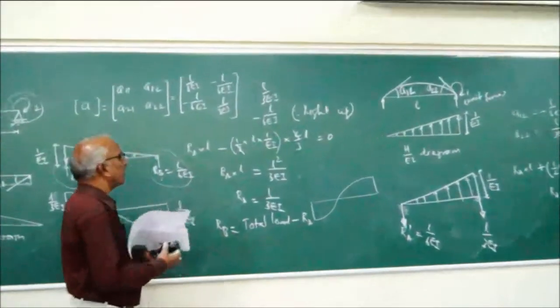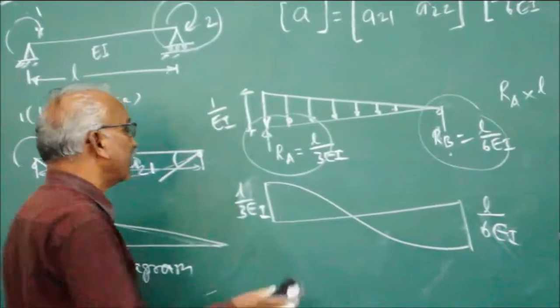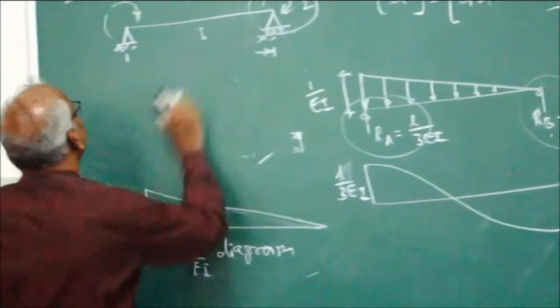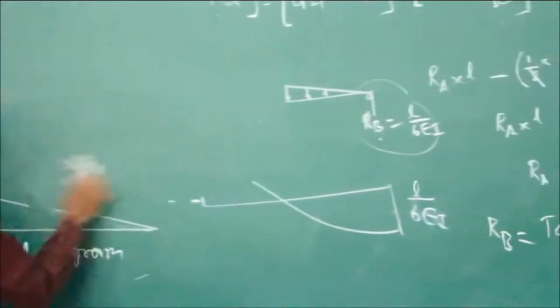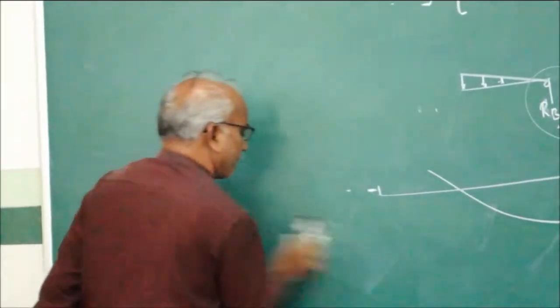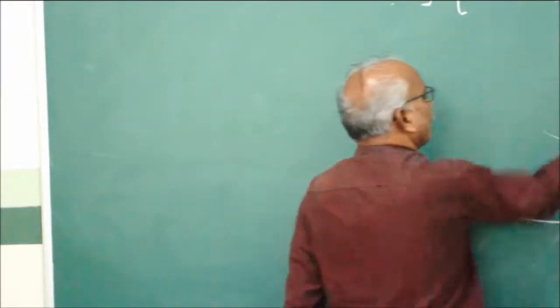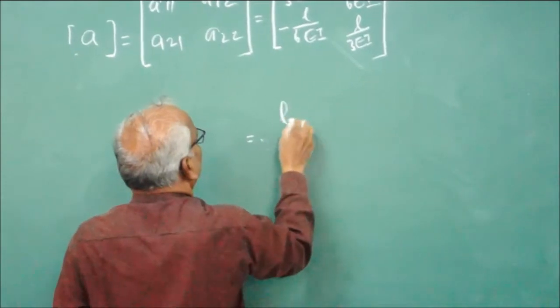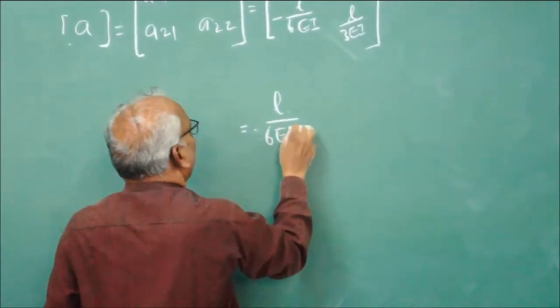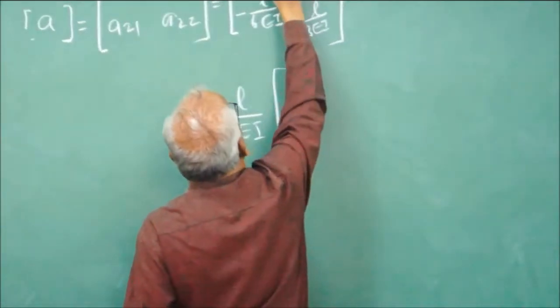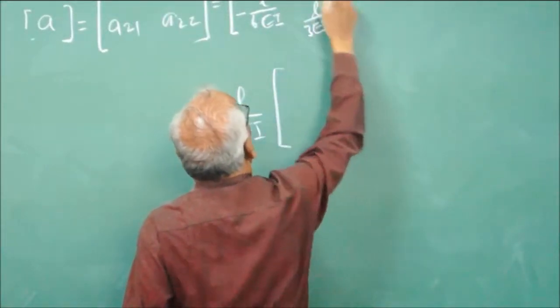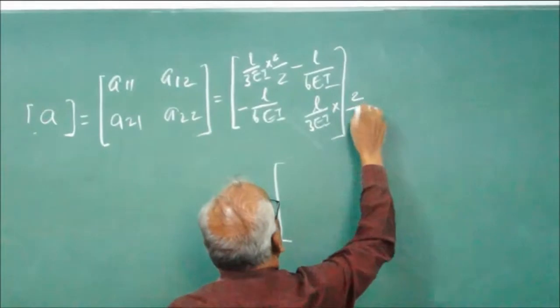So we have the flexibility matrix for the given simply supported beam. L by 6EI into, multiply this by 2, divide by 2.